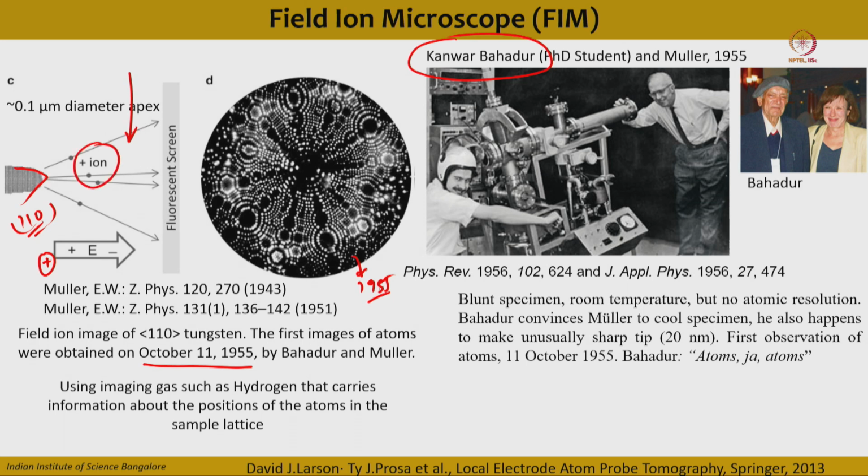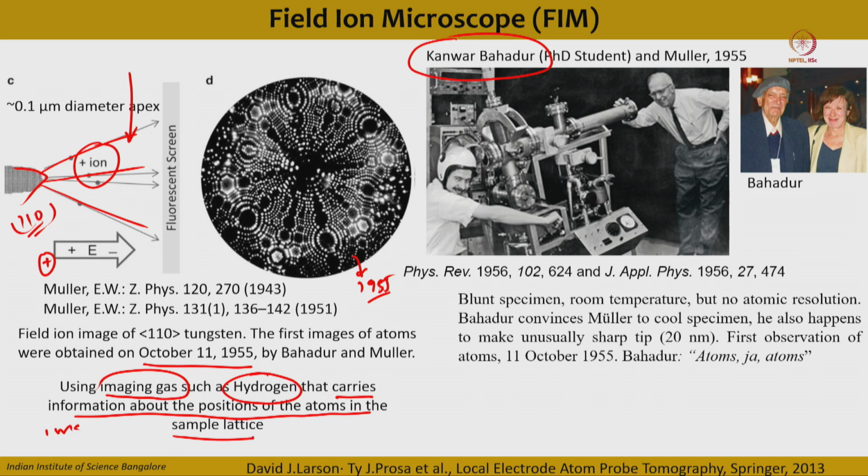And due to the potential there will be an electric field, and along this electric field these gas ions are accelerated and hit the fluorescent screen. Fine. And they used hydrogen gas. This is called the imaging gas, which carries information about the position of the atoms on the sample lattice, correct.